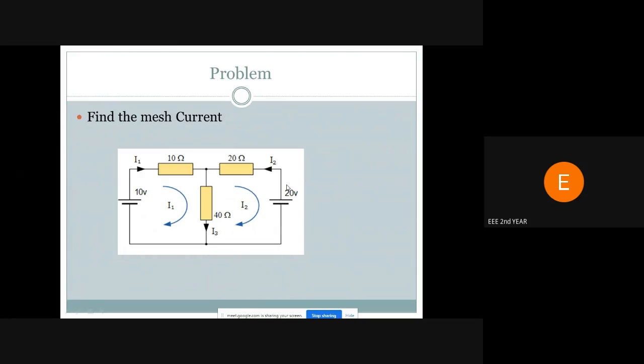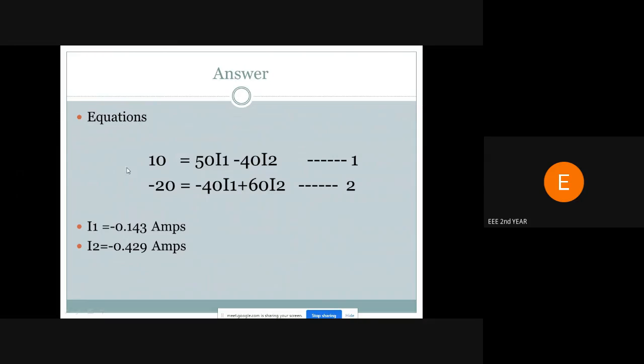The same case, minus 20. So based on that, we form the equation: minus 20 equal to minus 40 I1 plus 60 I2, right? So this is the second equation.